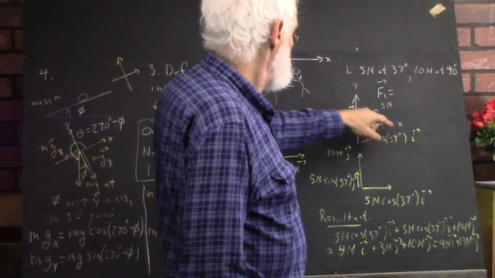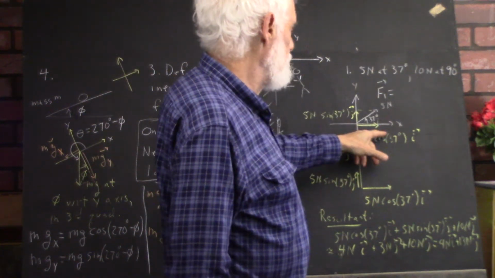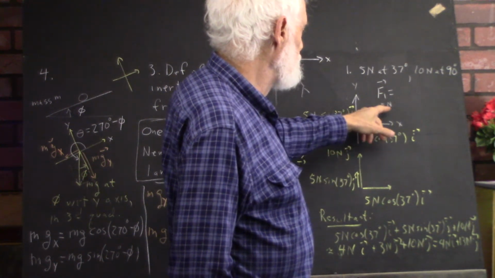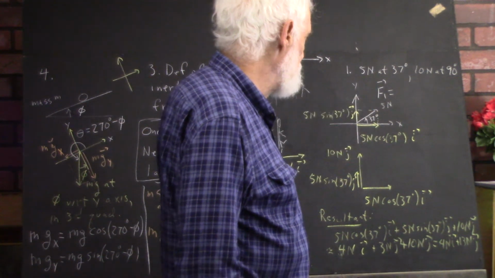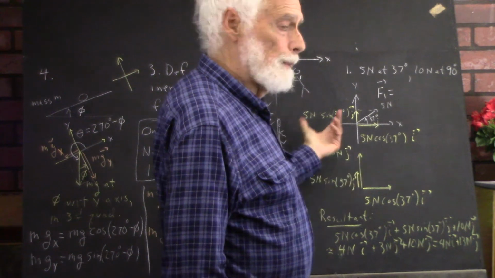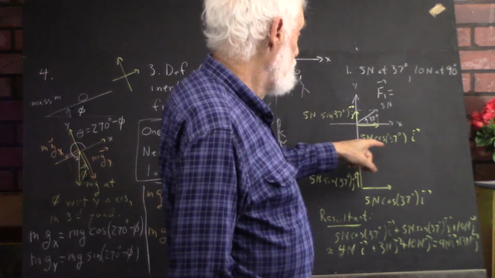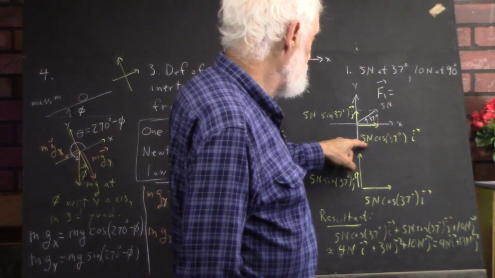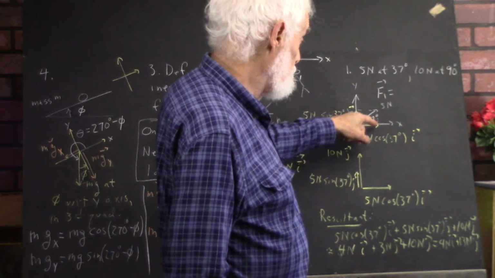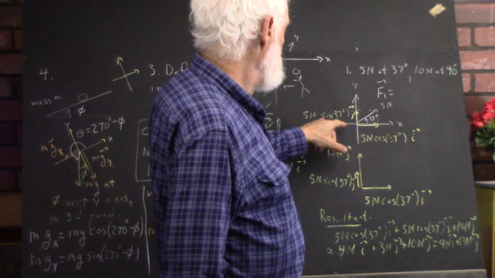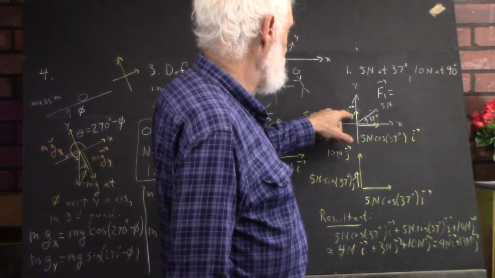We start by sketching a coordinate system with a vector labeled 5 newtons at 37 degrees. We call that force F1. And it should be automatic that the x component of that force is 5 newtons times the cosine of 37 degrees, just analyzing that triangle, and the y component, 5 newtons times the sine of 37 degrees.